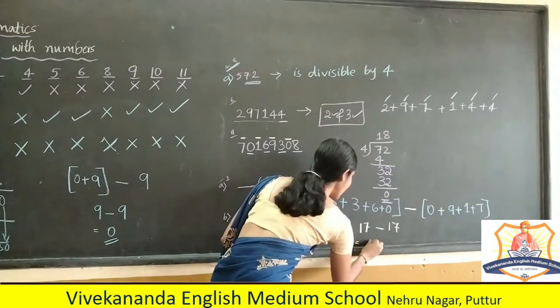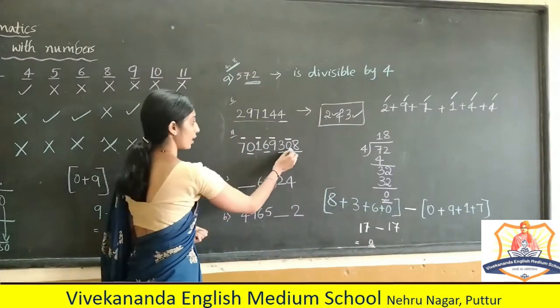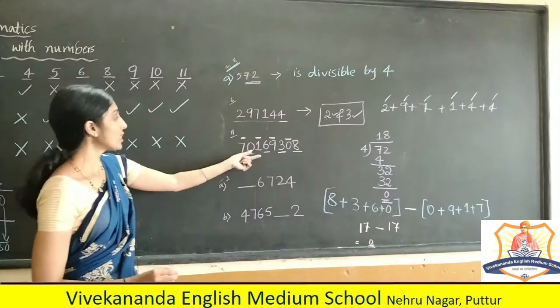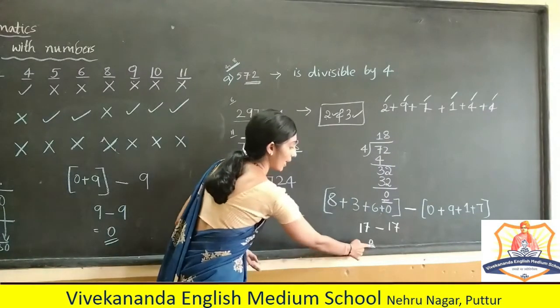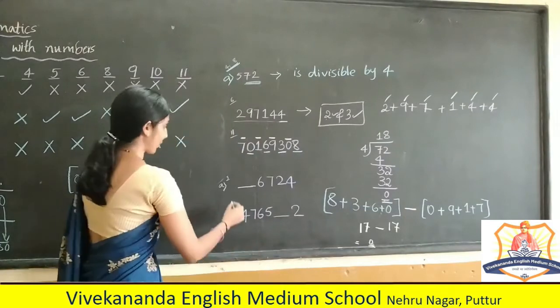What is the difference here? Difference is 0. So, this number, 1, 2, 3, 4, 5, 6, 7, 8 digit number. So, this given 8 digit number is divisible by 11 because the difference we are getting is 0.